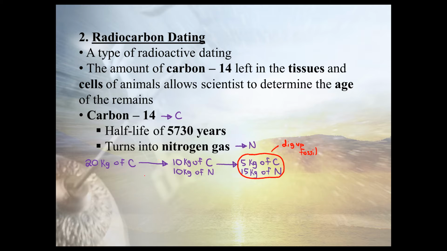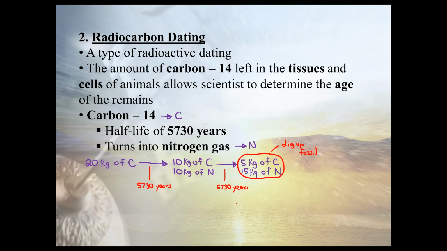In our flow chart, we've gone through 2 of them. When we go through 1 half-life, that would have been 5,730 years. If you go through another one, 5,730 years.